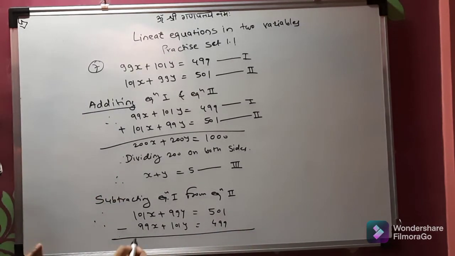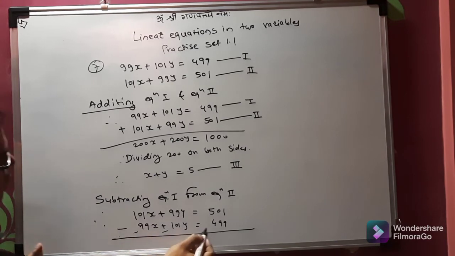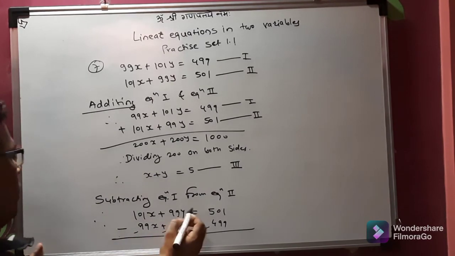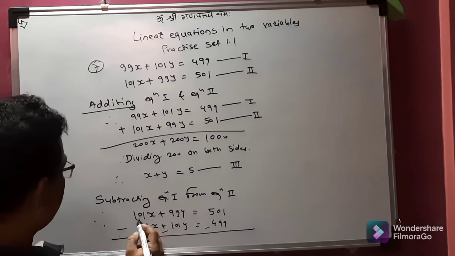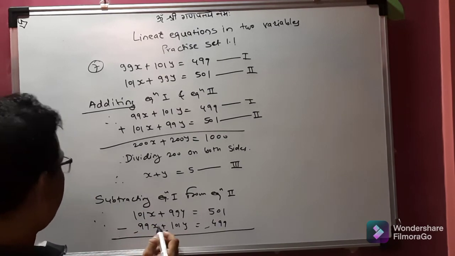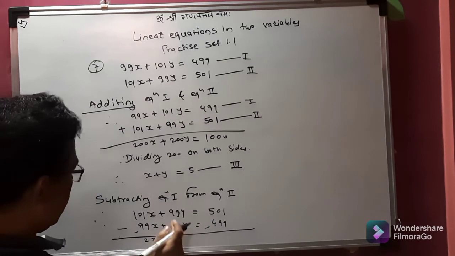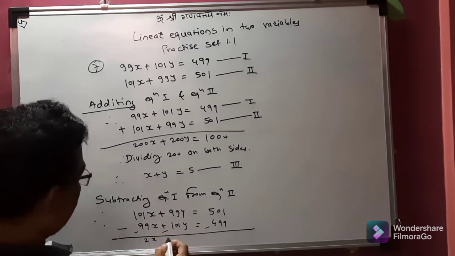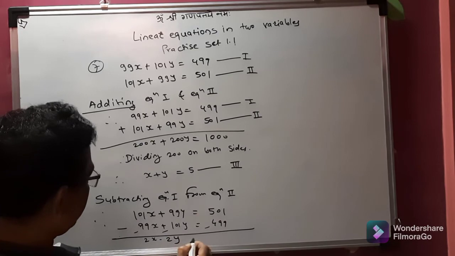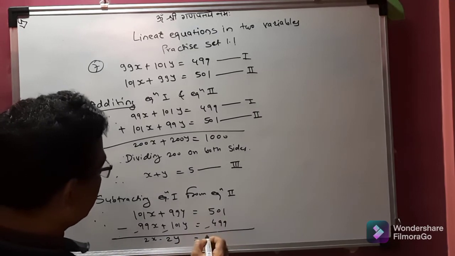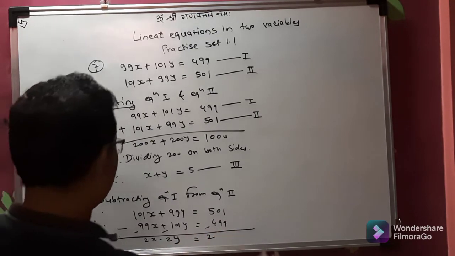When you do subtraction, the minus sign will come here. This plus will get minus. This is also minus. So what will happen? This 101 minus 99x means the answer will become 2x. 99y minus 101y means minus 2y is equal to 501 minus 499, this will come 2.